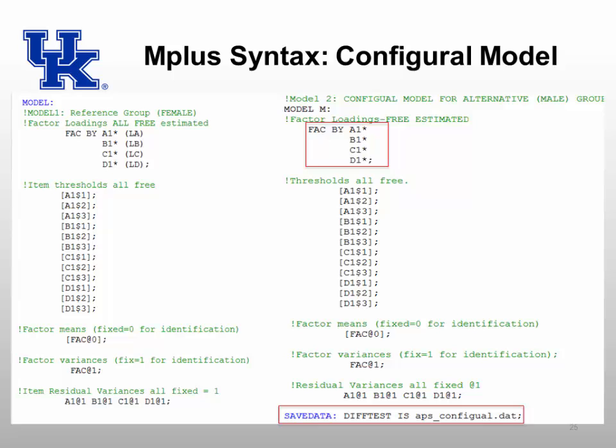Can you just explain really quickly why I see in parentheses the LA, LB, LC, LD? I understand why you don't do it on the model of interest, the boys. But what does that mean, the letters? It's the loading for A, the loading for B, the loading for C, the loading for D. Basically we give a name to it.